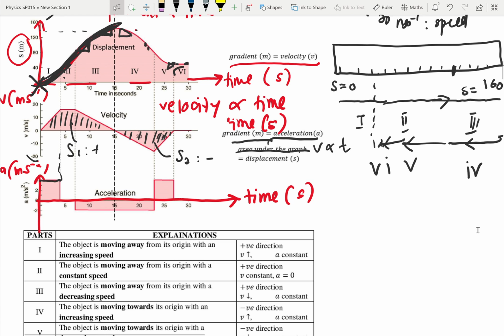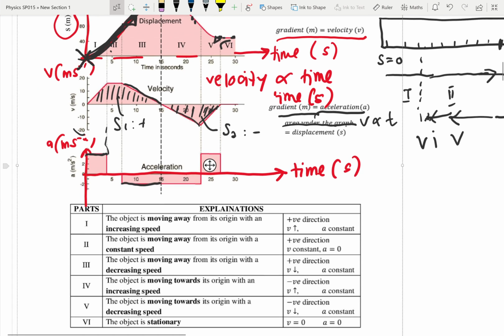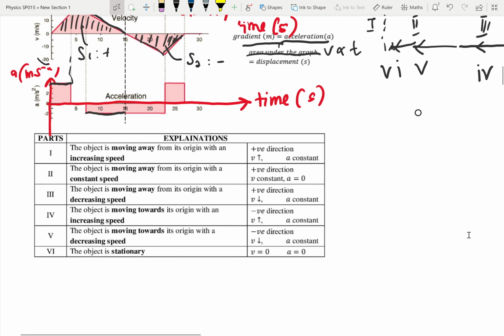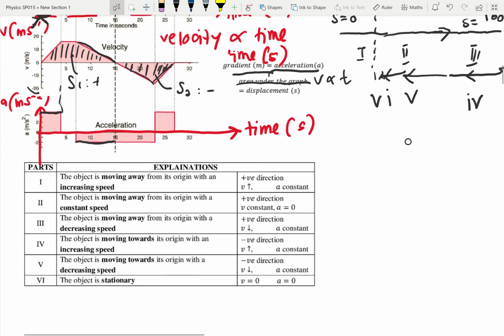Alright, so this is the graph of acceleration. The value of acceleration can be obtained directly from the gradient of velocity against time. I hope you can understand these three graphs.